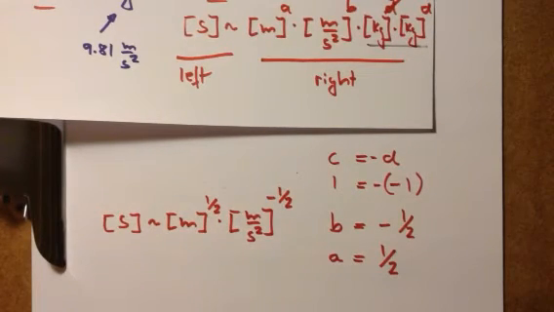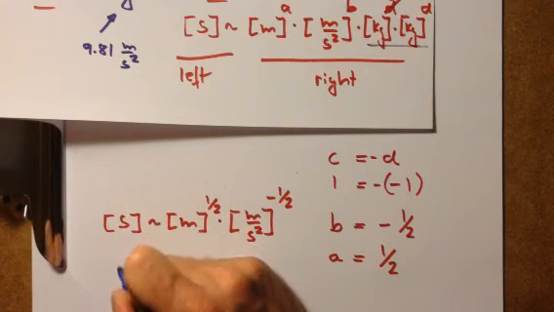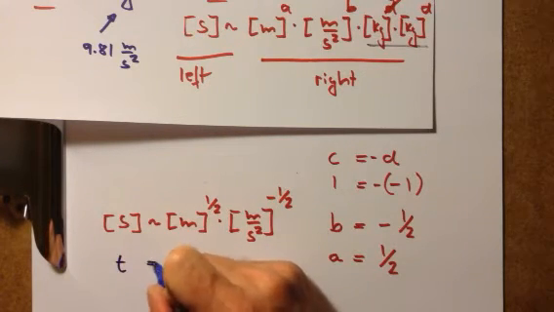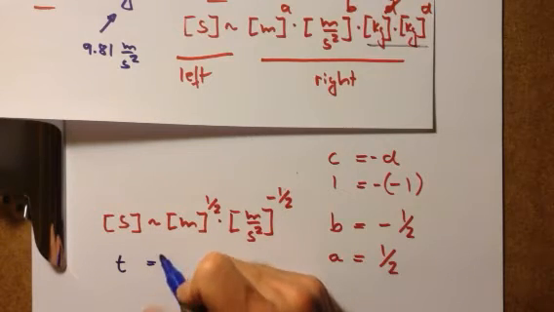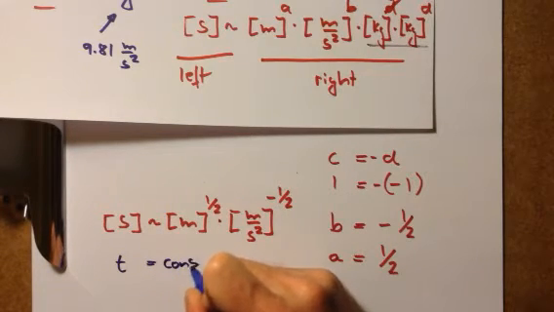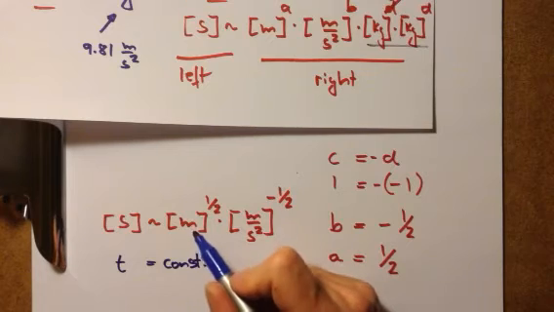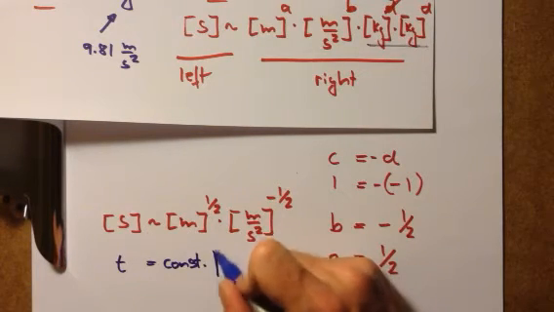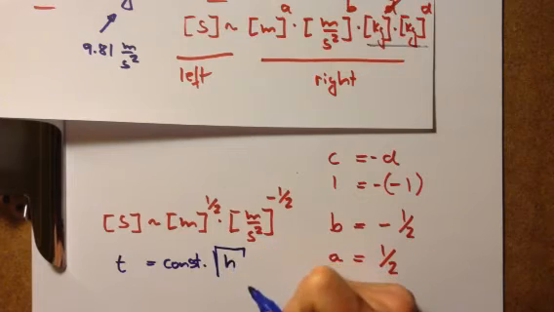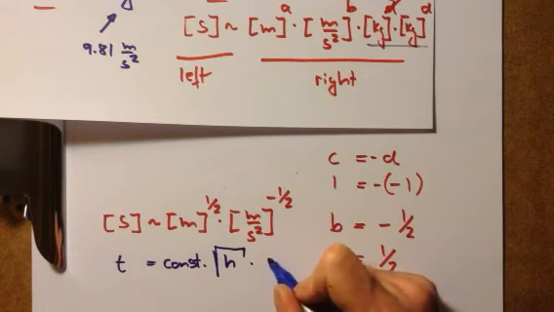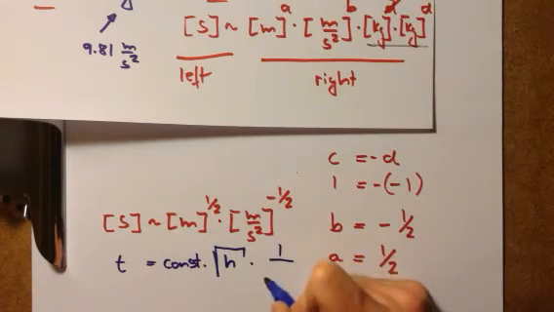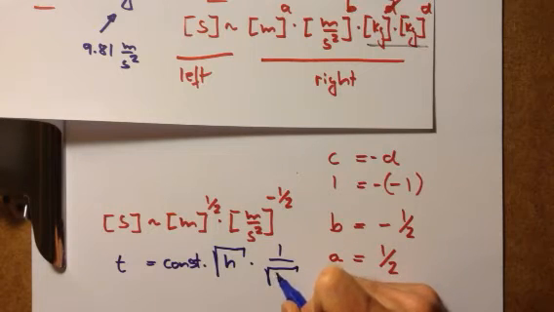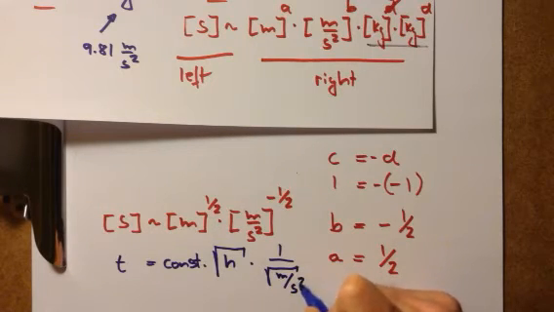If we go back to the equivalent variable equation, we have second, that's time, is equal to, we get rid of the proportionality by introducing a constant, which we don't know, times meter to the power of 1/2, that's the square root of the height, times 1 over the square root of meter divided by second squared.